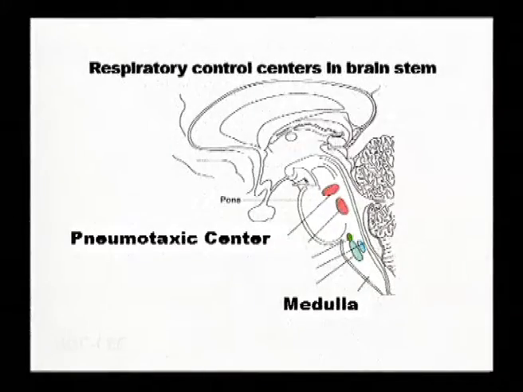About the pneumotaxic center, which is present towards the upper side of the pons varolii. The pneumotaxic center sends a negative impulse to the inspiratory area of the dorsal center and the inspiratory area of the ventral center, to limit the inspiratory time.